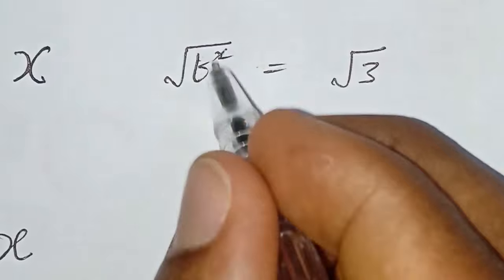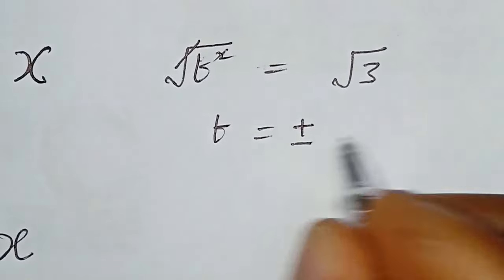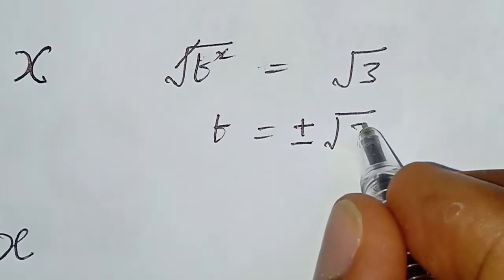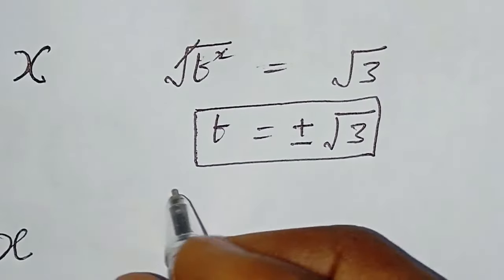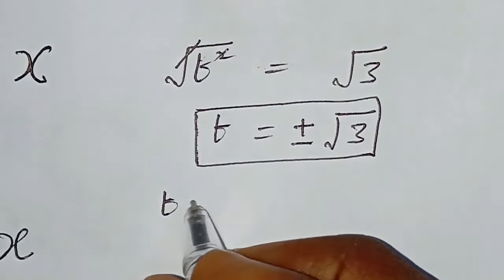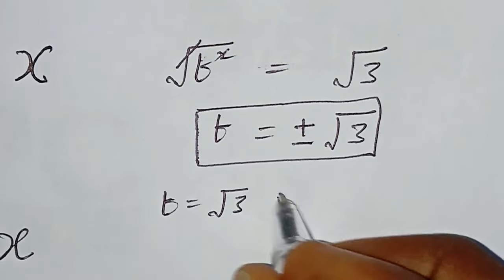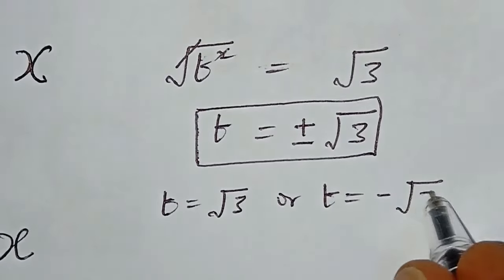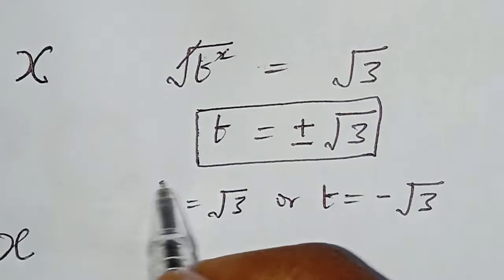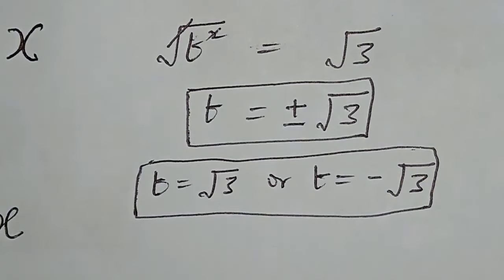So the square cancels out the square root, and we are left with t equal to plus or minus square root of 3. This means that t is either square root of 3 or t is equal to minus square root of 3. This will be our value of t, both values.